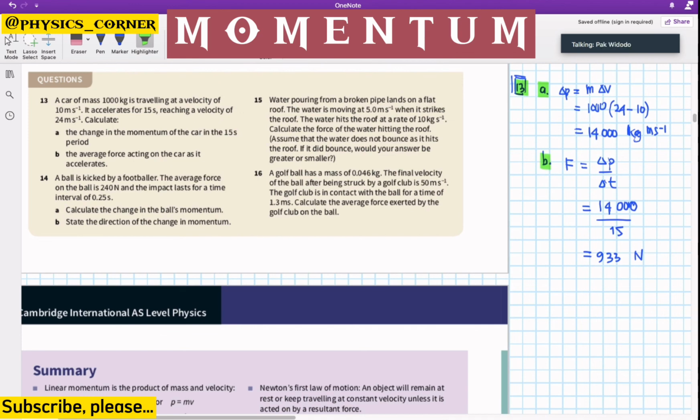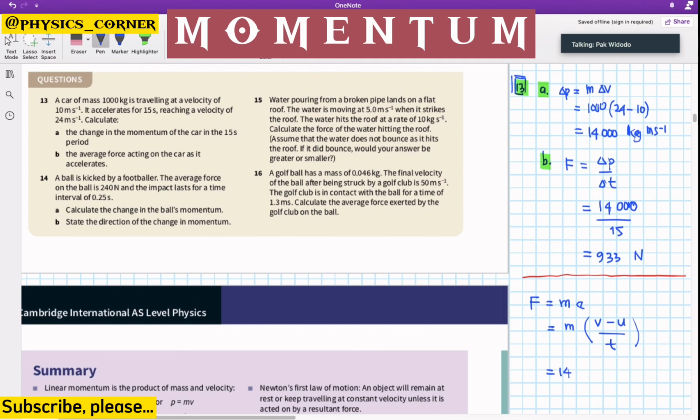Let me check with another formula. Force is mass times acceleration, and acceleration is v minus u divided by t.